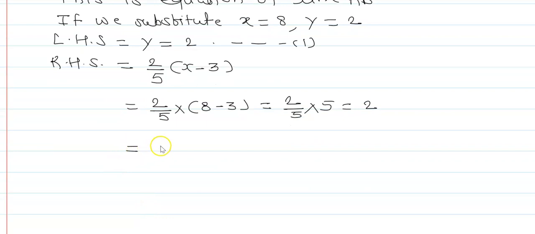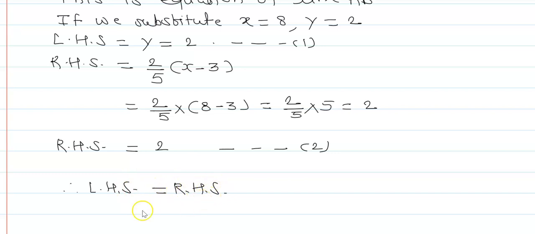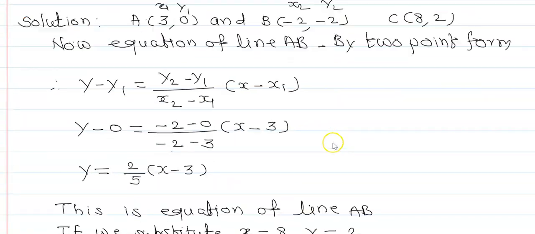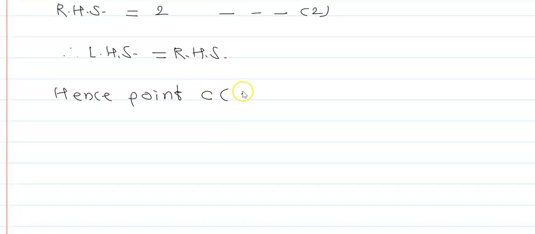Therefore, here RHS is equal to 2. Therefore, LHS is equal to RHS, and hence point C, whose coordinate is (8, 2), lies on line AB.